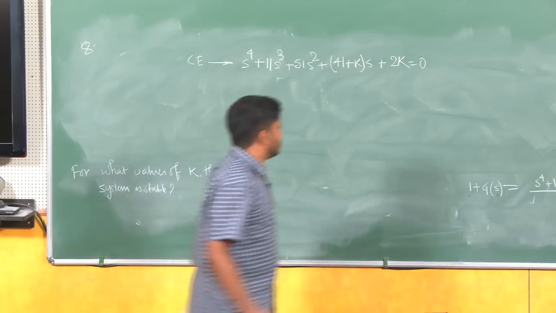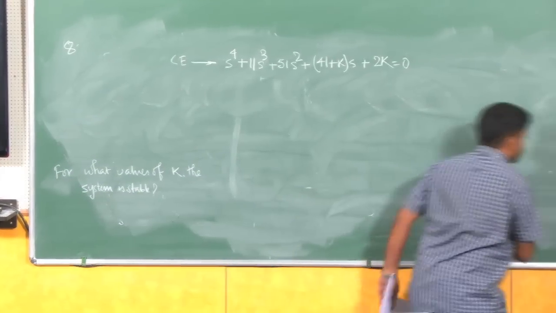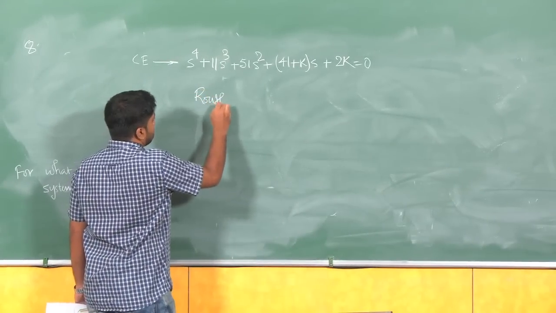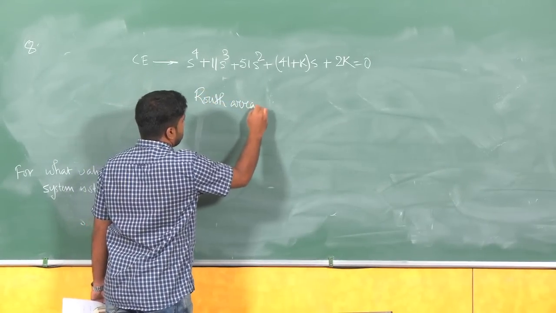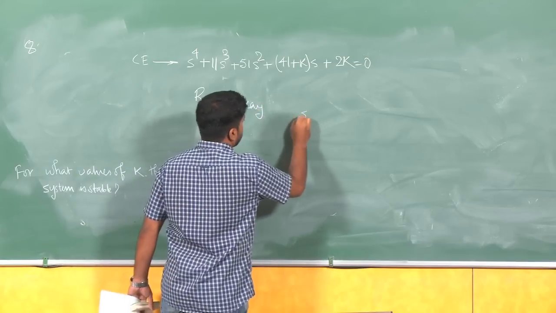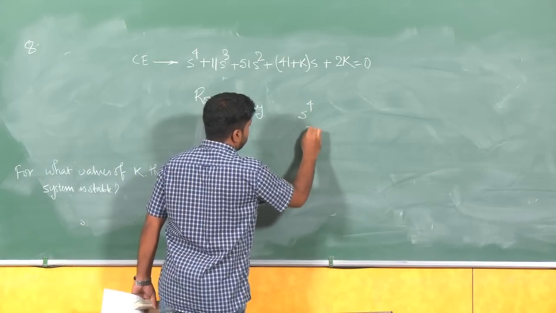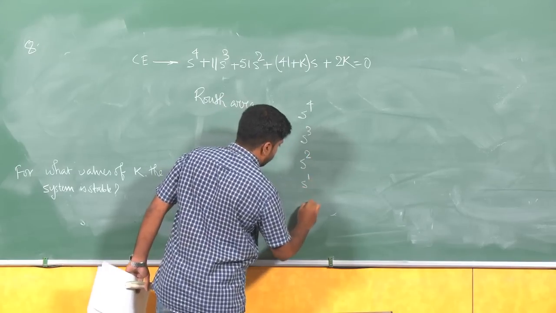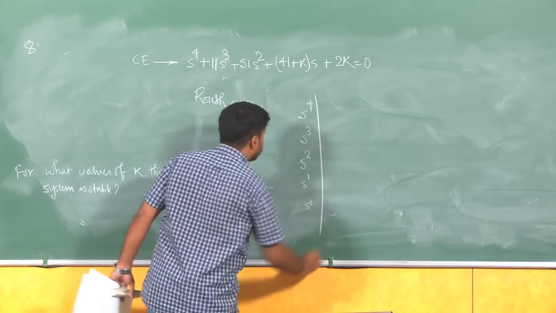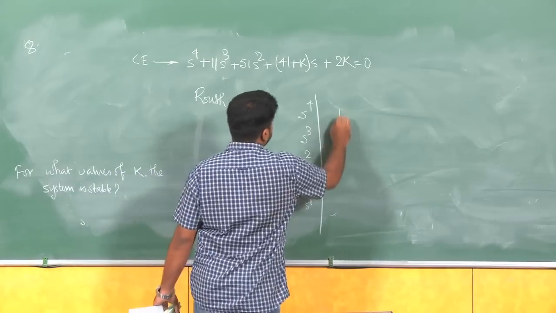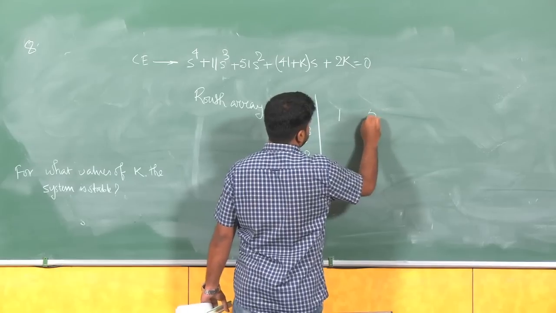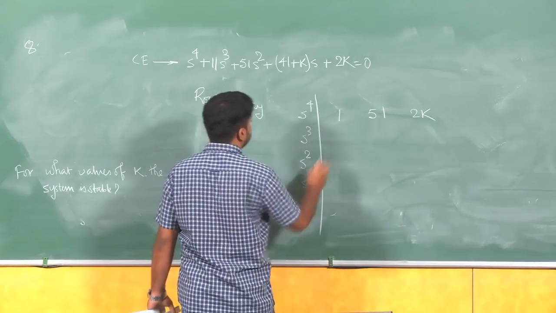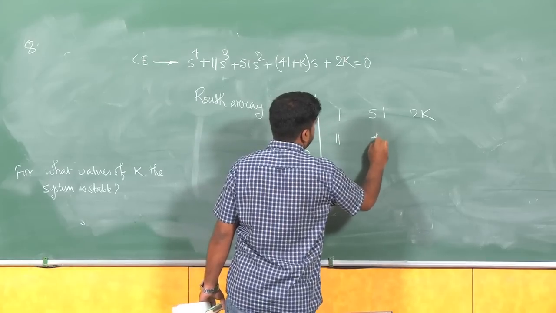So, we form the Routh array. The first row will be 1, 51, 2k, and the second row 11 and 41 plus k.